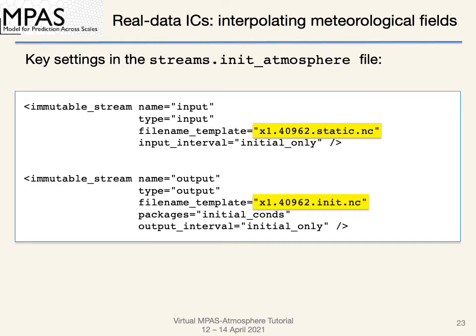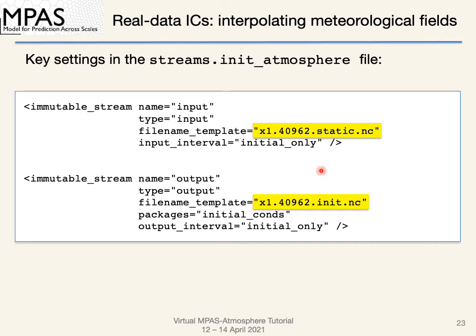And finally, inside the streams file, the streams.initAtmosphere file, there are just 2 settings that we need to make. As we did when we process static fields, we need to set the name of the input netcdf file in the input stream. And here our input file is going to be the static file that we produced in the previous step. And then as output, we want to say that our output file is going to be named x1.40962.init.nc.